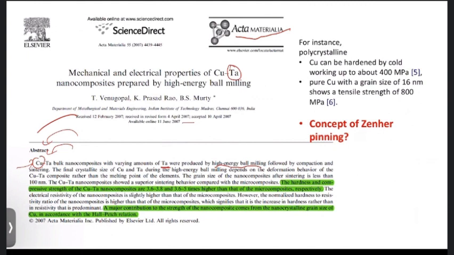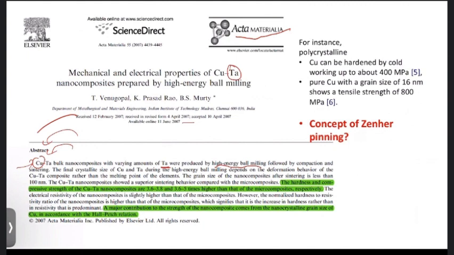The final crystallite size of copper and tantalum during high energy ball milling depends upon the deformation behavior of the copper tantalum composite. When we synthesize through solid state reaction, we prefer to take the temperature around the melting point of the elements.